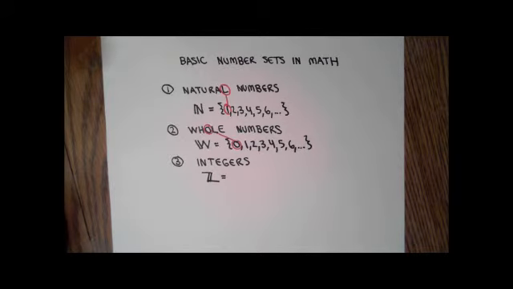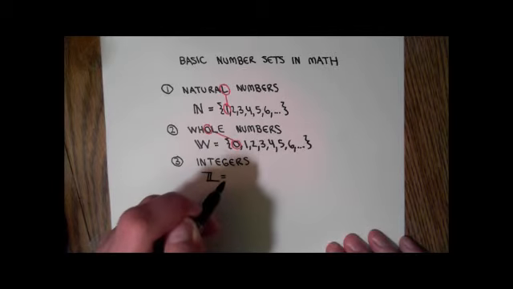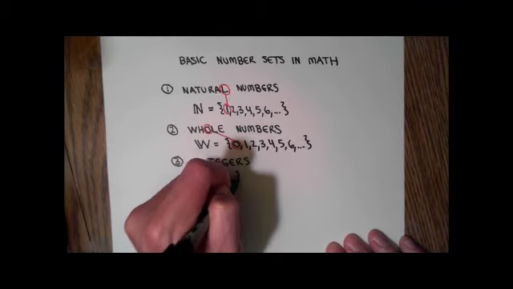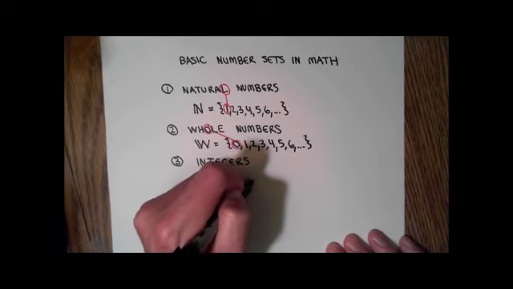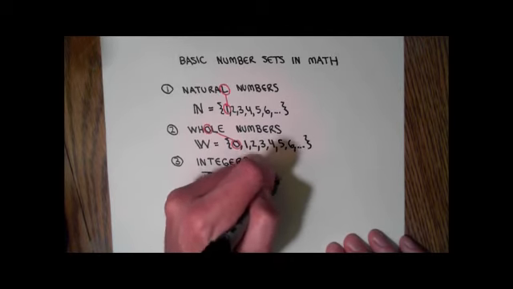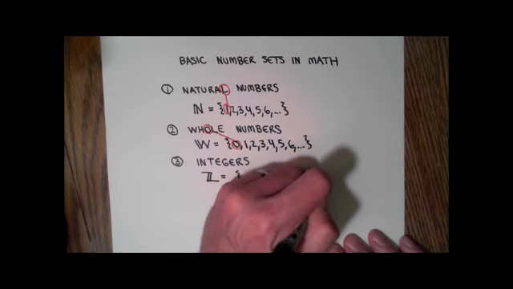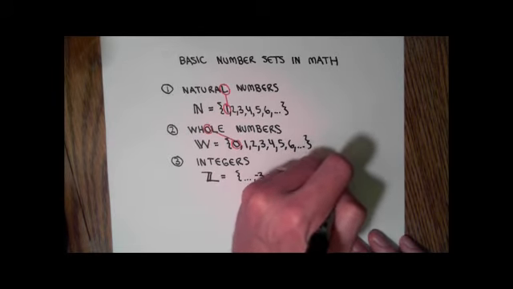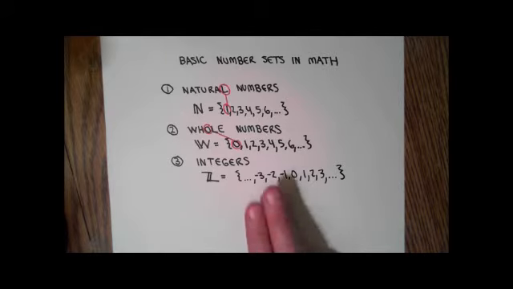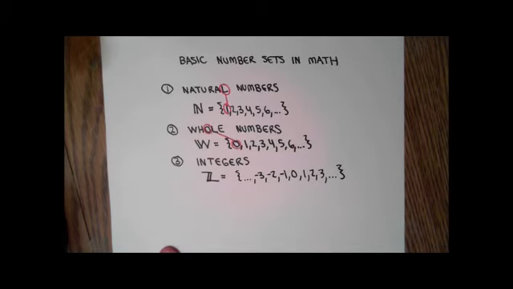I'm not going to get into why right now, but it's used for enough other things that we don't like to use it for that. This also includes negatives, and so it's -5, -4, -3, -2, -1, 0, 1, 2, and 3, and so on. So notice these are the whole numbers, and now we also include the negatives, and we call these the integers.